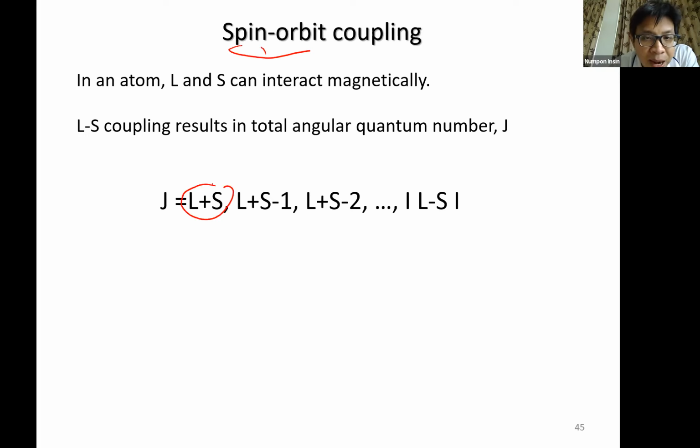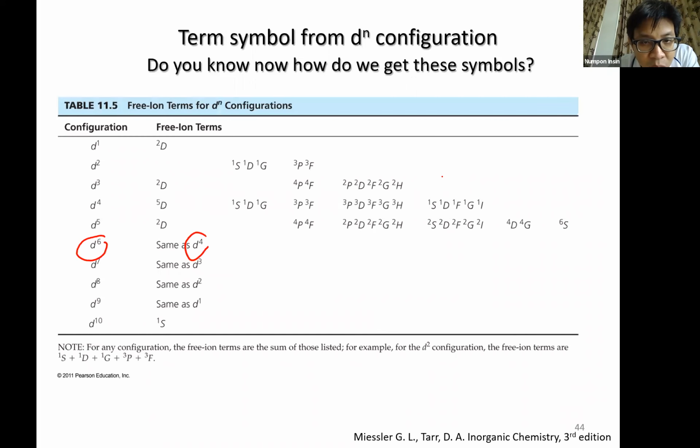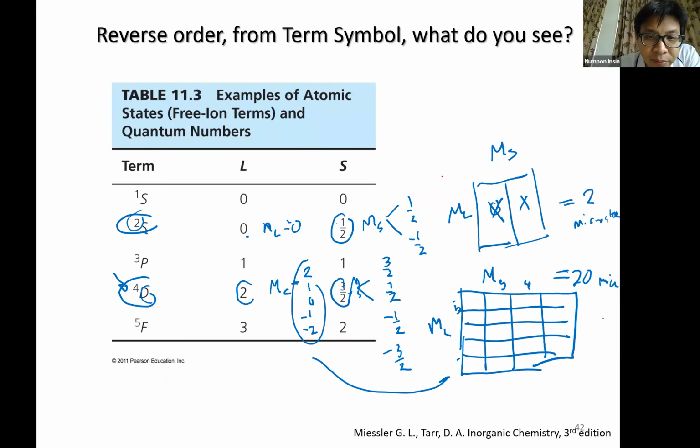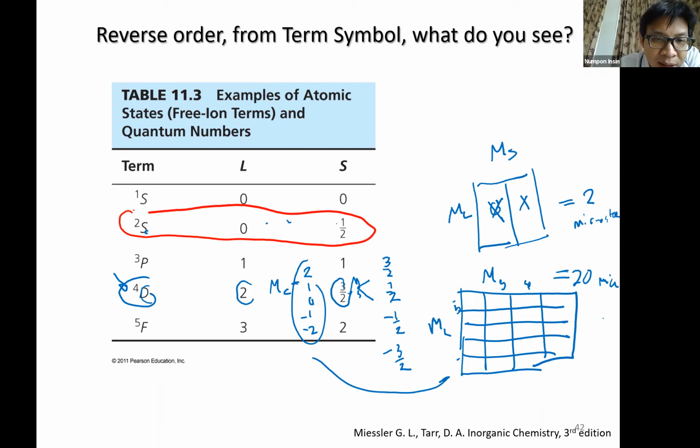J comes from L plus S. The value of J ranges from L plus S down to the absolute value of L minus S. If you look at this one, the J value is L plus S, which is half, and absolute L minus S is half. So you only have one J value.